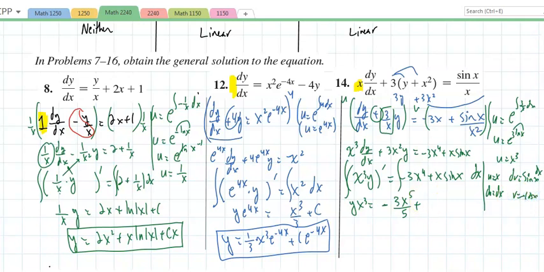So this is u times v, negative x cosine of x, minus the integral of negative du.